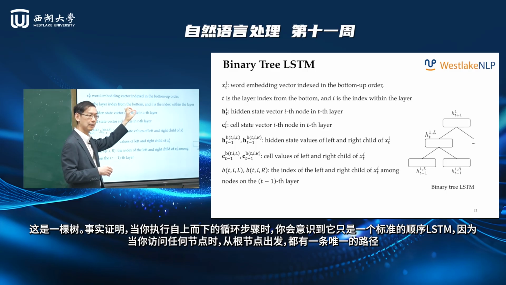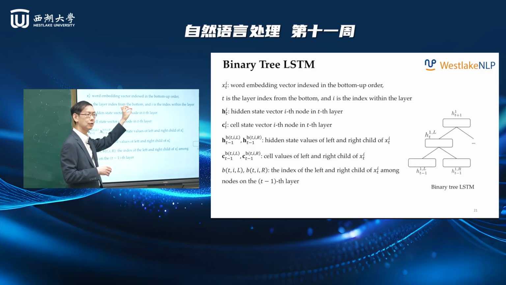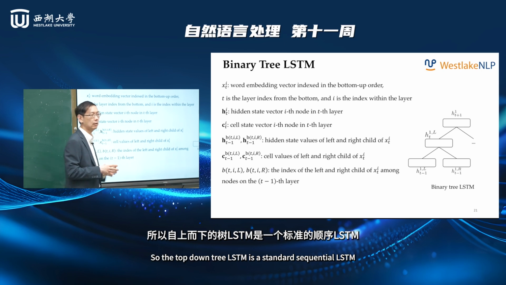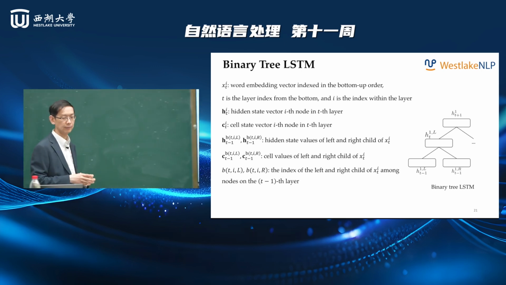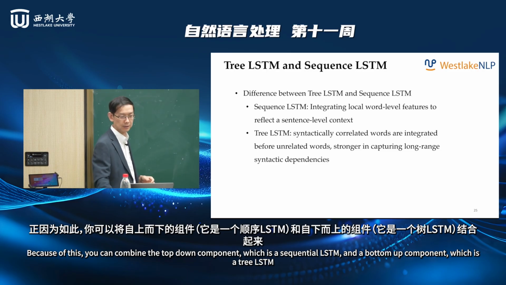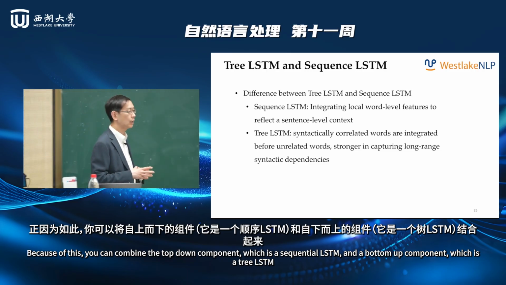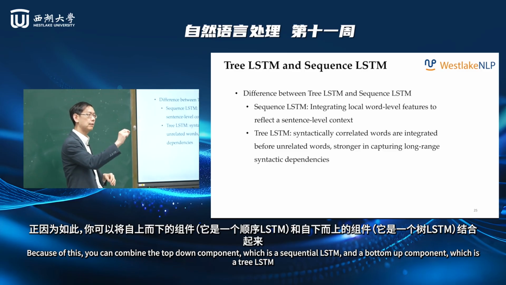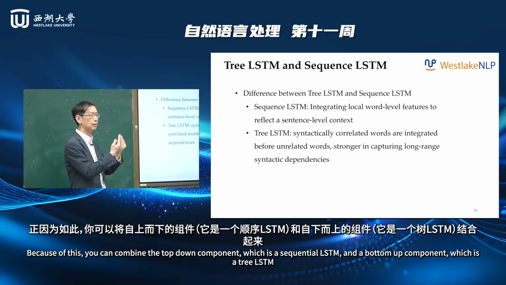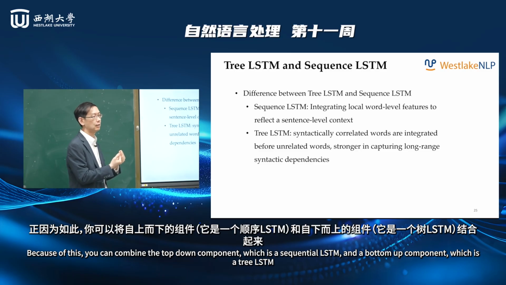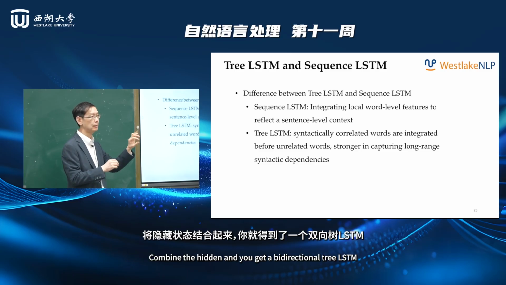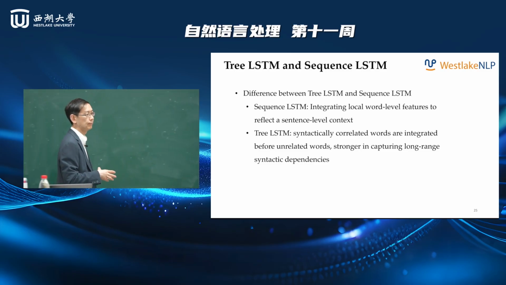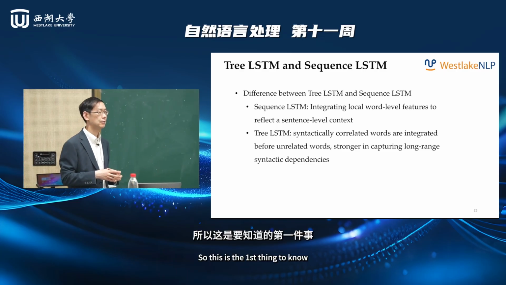There are no branches. No tree node has two parents. So the top-down tree LSTM is a standard sequential LSTM. Because of this, you can combine the top-down component, which is a sequential LSTM, and a bottom-up component, which is a tree LSTM. Combine the hidden states, and you get a bidirectional tree LSTM. So this is the first thing to note.